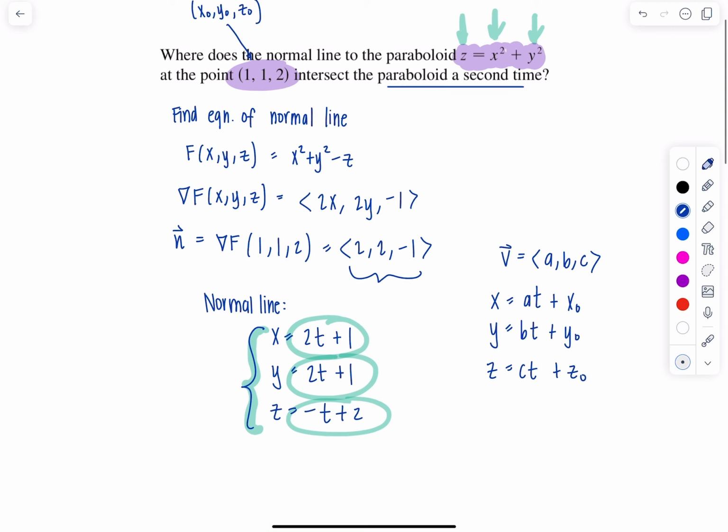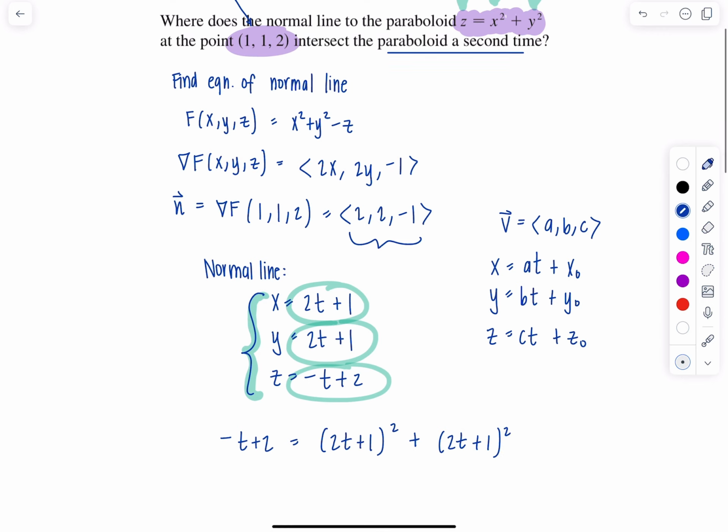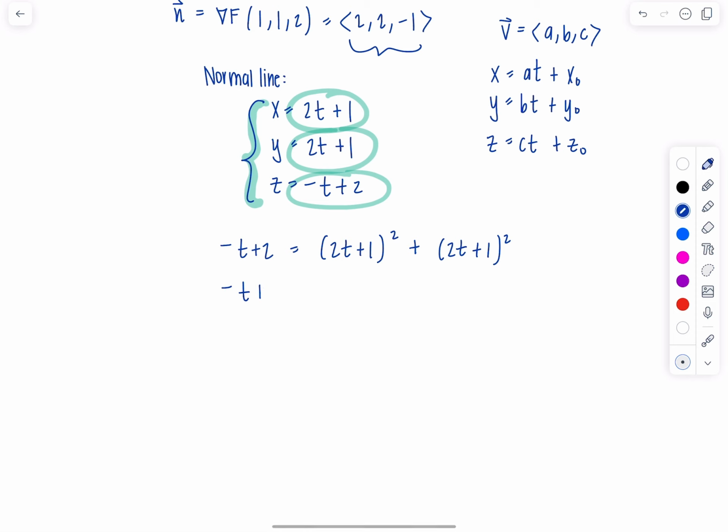Back into the paraboloid equation, I have -t plus 2, that's z, equals x squared plus y squared. Now you just have a little FOIL party. So -t plus 2 equals, if I multiply this out, 4t squared plus 4t plus 1, and the y term is the exact same thing, so really I have two of them. So -t plus 2 equals 8t squared plus 8t plus 2.